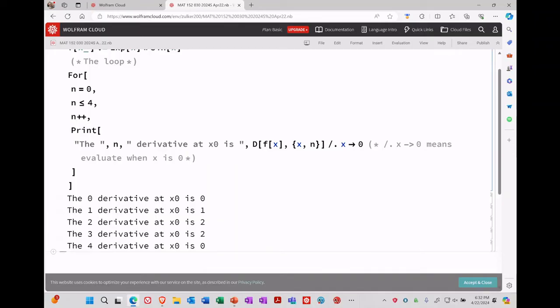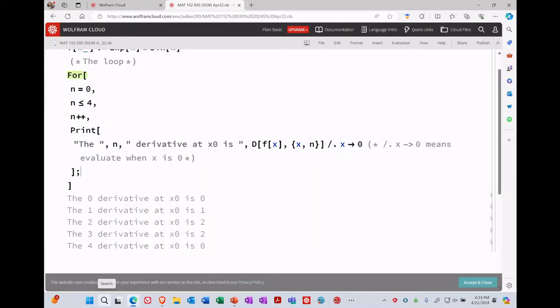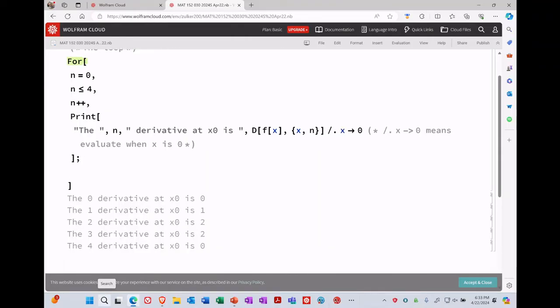Now, I could even go even further. Why not just have it evaluate the term, the coefficient, instead of just the derivative? So I'm going to keep that print command in there.